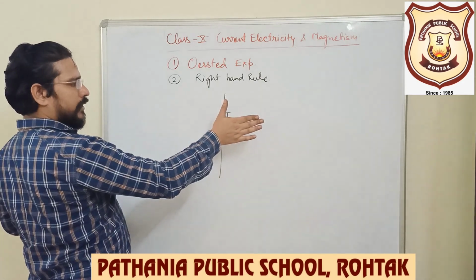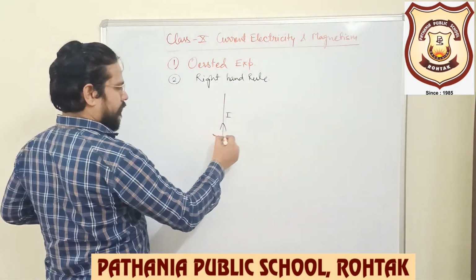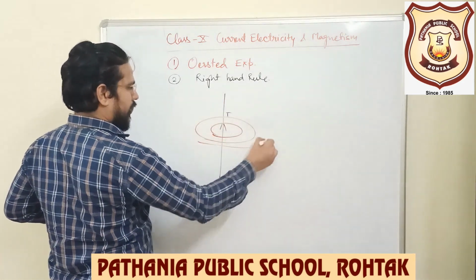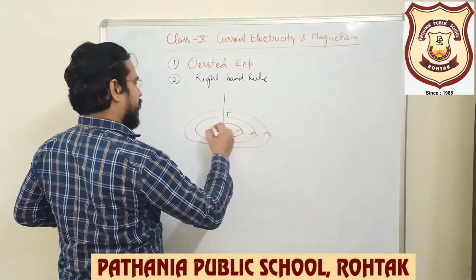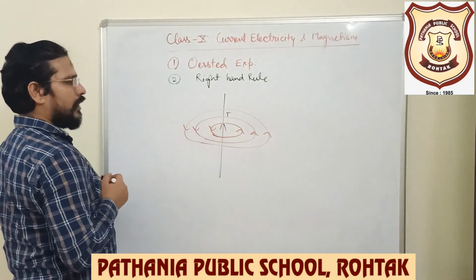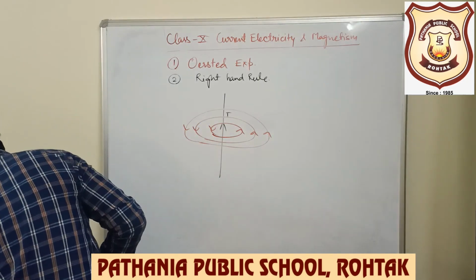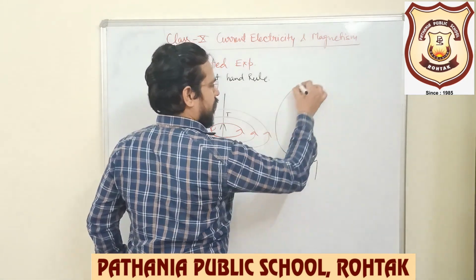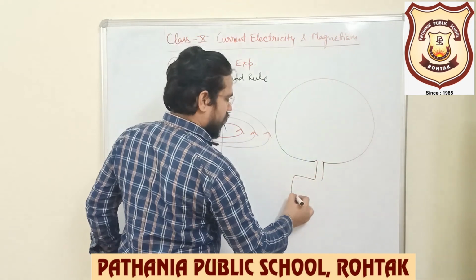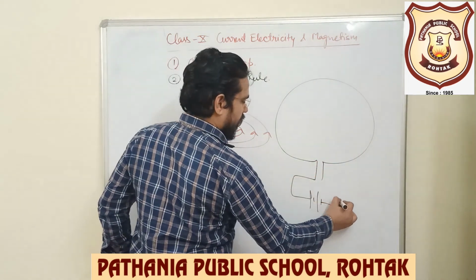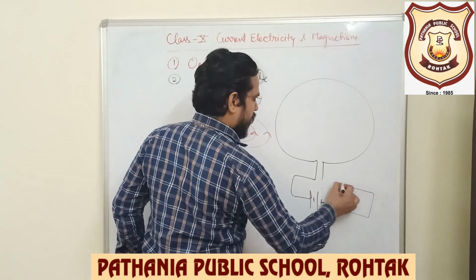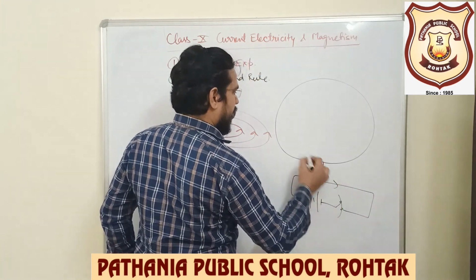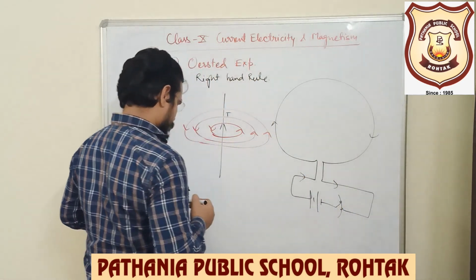If we point our thumb in the direction of current, then the curvature of fingers will give us the direction of magnetic field around the loop. Applying the same principle, we can also find the direction of magnetic field in a current carrying loop.